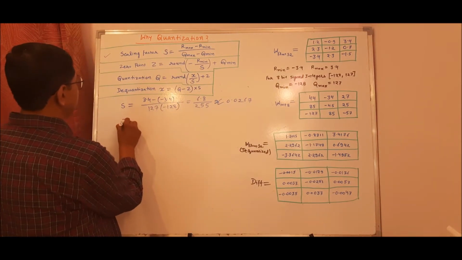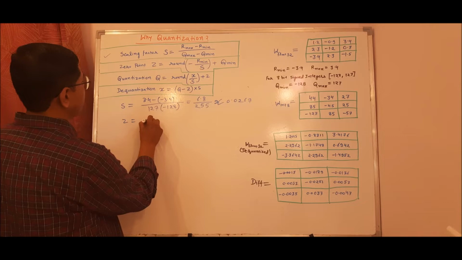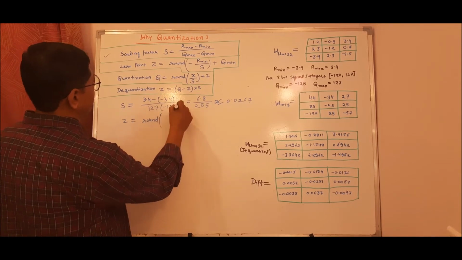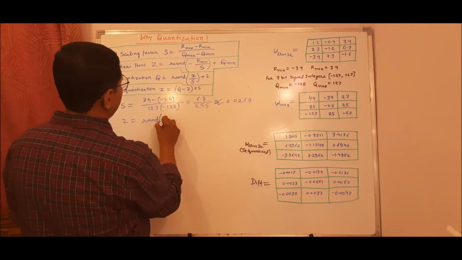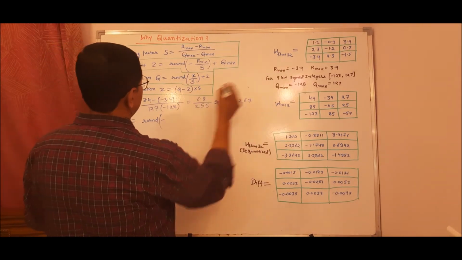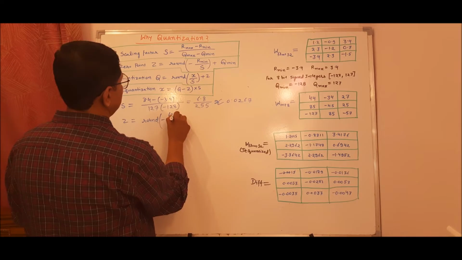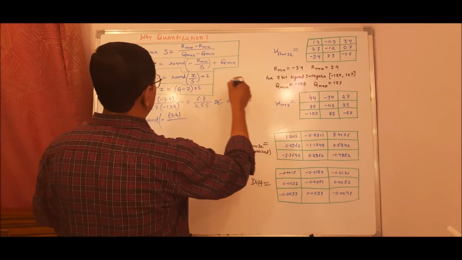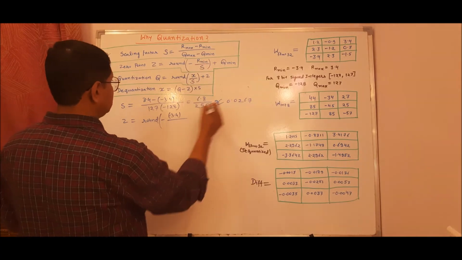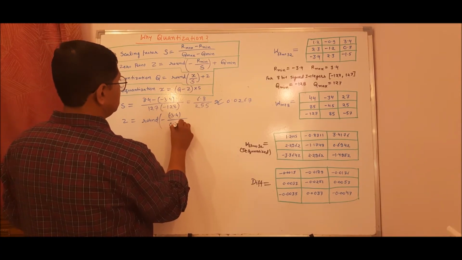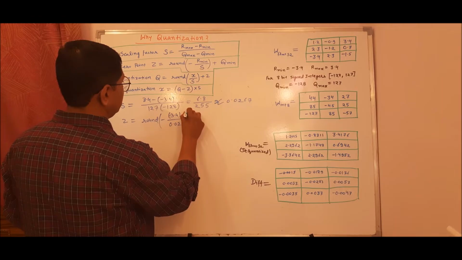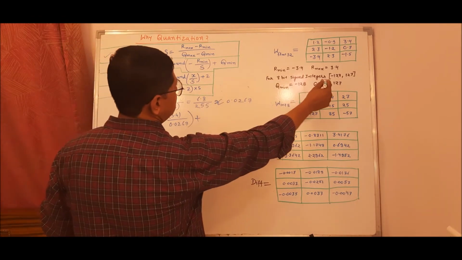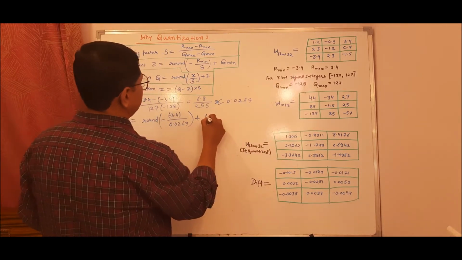Similarly, the zero point Z will be computed like round of minus R minimum, which is minus minus 3.4, divided by S. Our scaling factor is 0.0267, plus Q minimum, so Q minimum is minus 128.